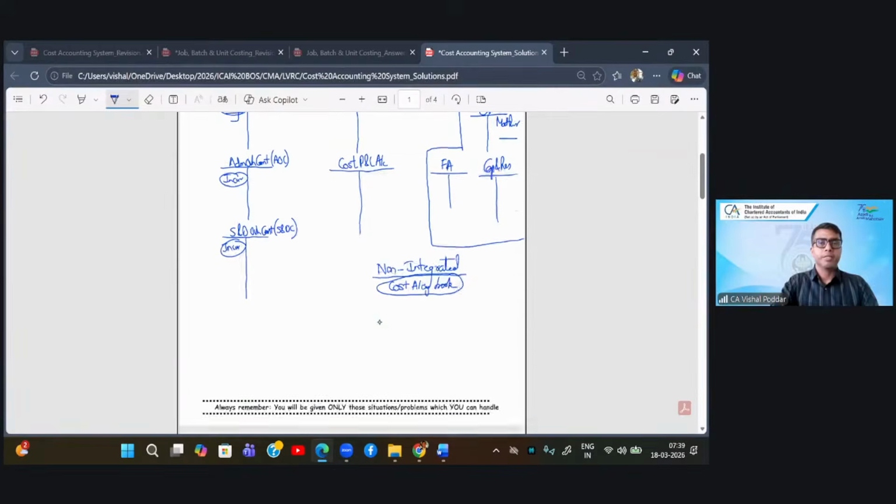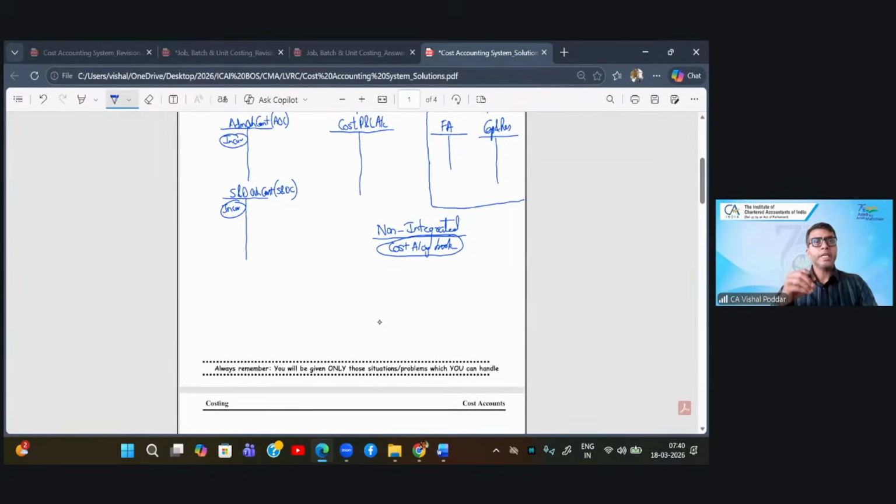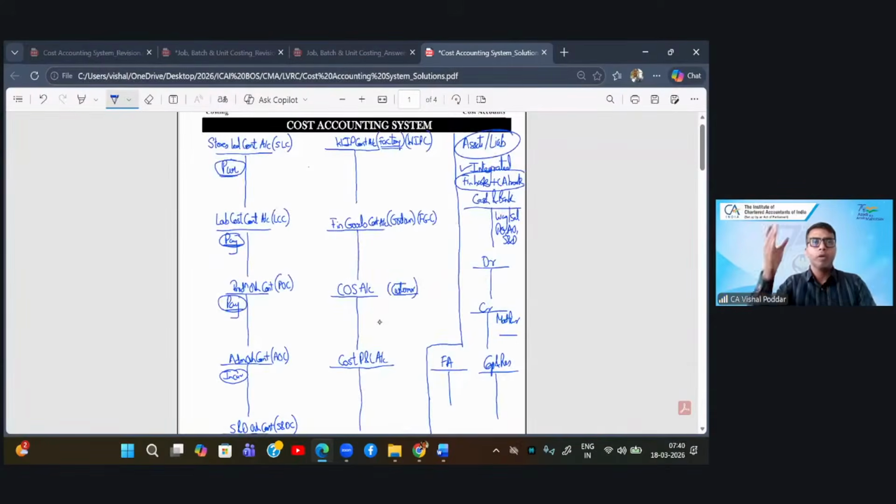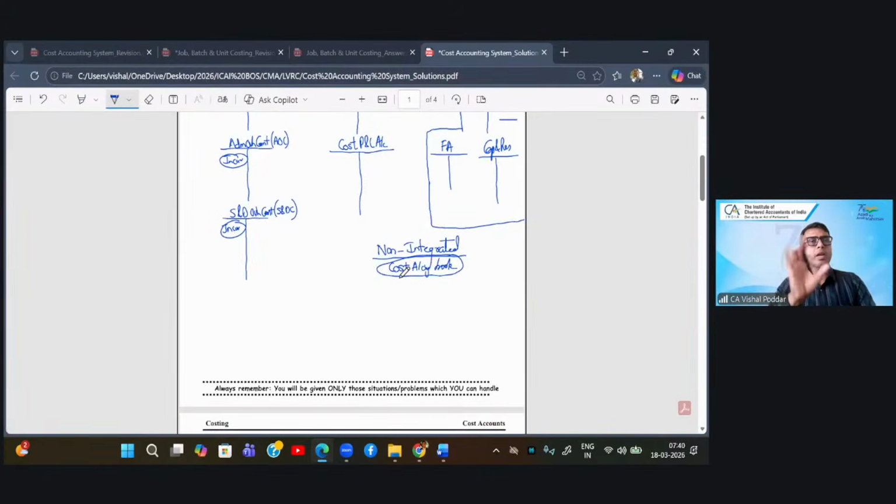Now in this particular case, we need to complete the second effect of these purchase transactions or expenses incurred transactions. So in short, what you require is all these assets and liabilities accounts. Now, since my financial and cost books are separate, please understand my cost accounting books do not require debtors and creditors balances. Why? Because we do not want to know how much money we owe to someone or how much money someone owes to us. We do not want to know the balance of the building account or the machinery account. These things I don't require.